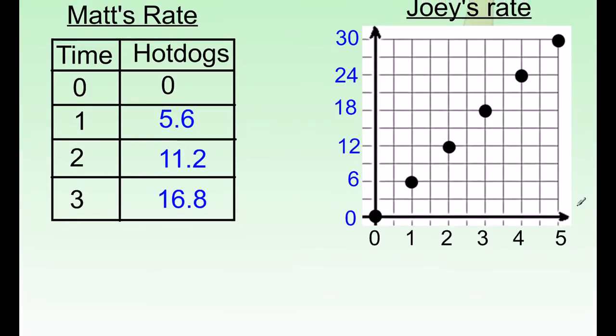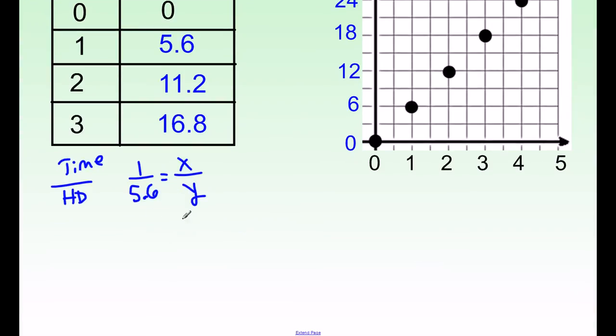So this is Matt, right? Yes. Matt, let's see. Well, the time over hot dogs, X, Y. So in 1 minute, he ate 5.6 hot dogs. So in X minutes, he'll eat Y hot dogs. We cross multiply. 1y equals 5.6x.